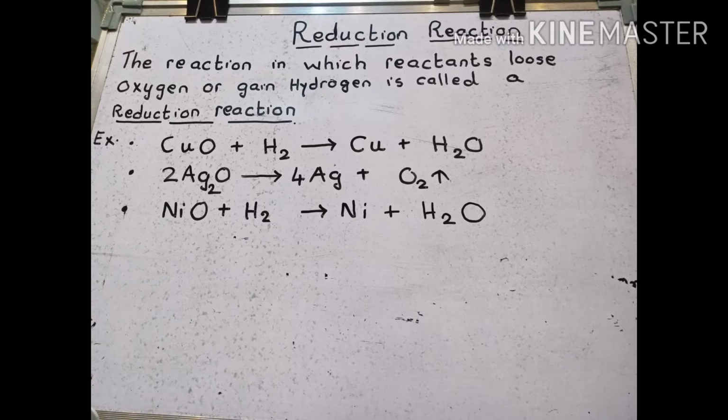Then we have the third example where nickel oxide is combining with hydrogen, or hydrogen gas is passed over nickel oxide. You find that nickel is formed, right? So this is also a very good example where nickel oxide has lost oxygen. So it's an example of a reduction reaction.